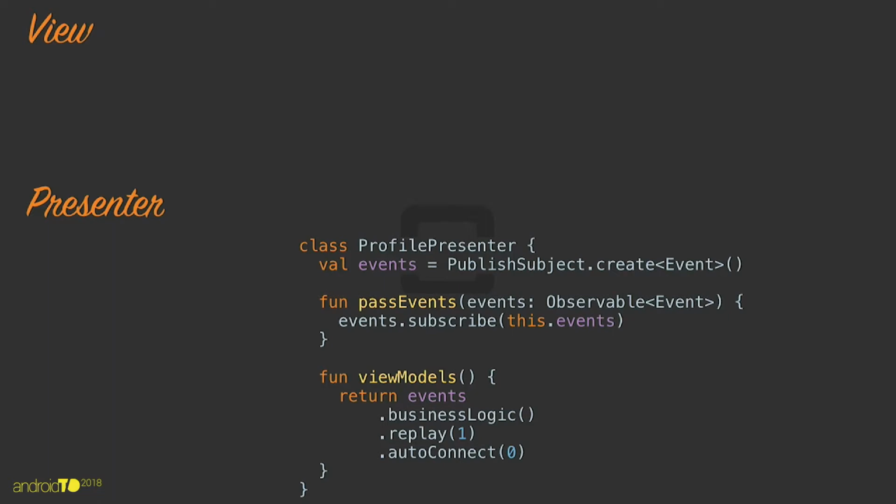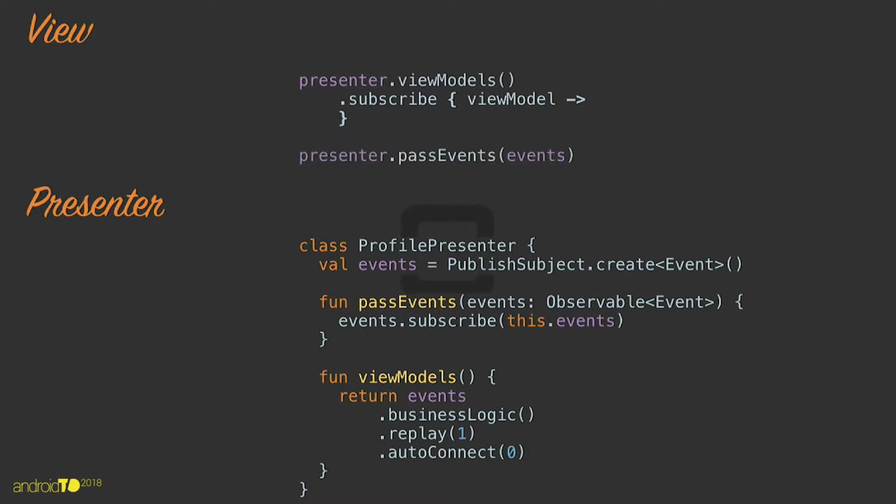Whatever happens to the view doesn't affect the stream in the presenter, so if you have a network call, a cached view model, everything is in place, and when the view binds back, the current business logic would just be updated. And the call site would be something like this. You would first need to listen to the view models before passing events. Otherwise, you might miss emitted view models before you can react to them.